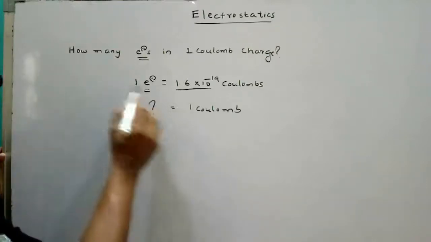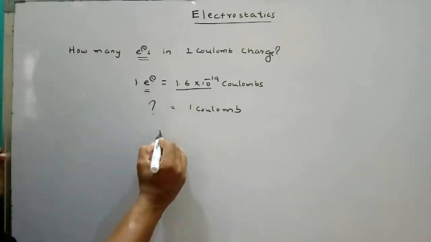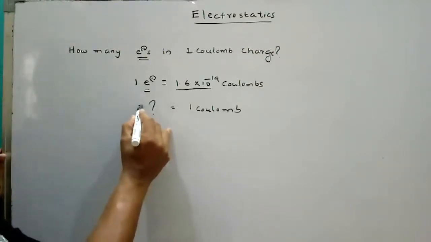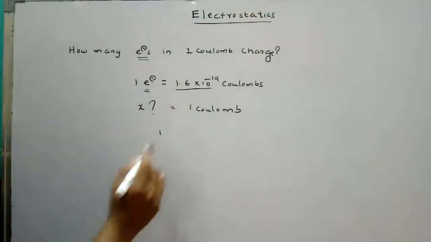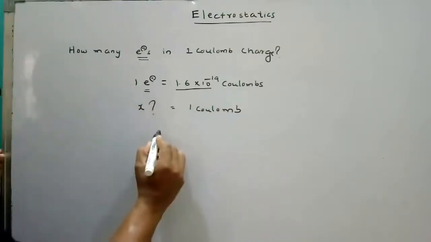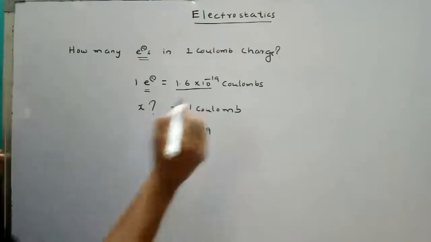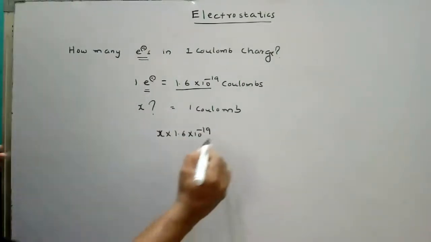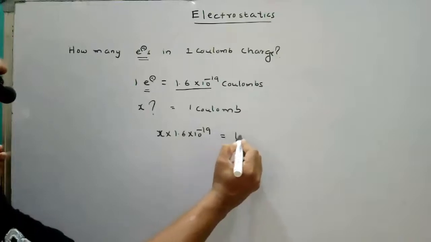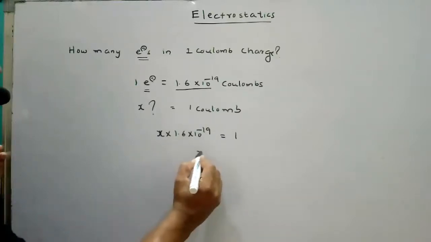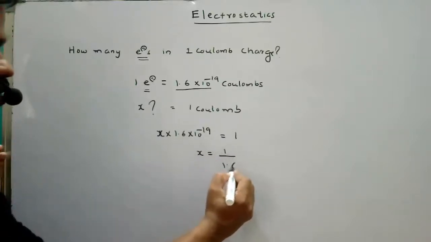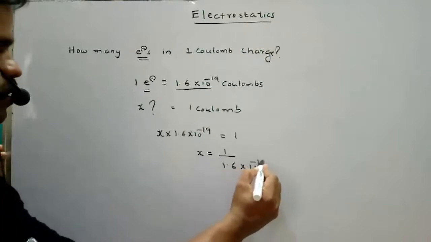For this one, cross multiply. For example, this is x, the number of electrons in 1 coulomb charge, x into 1.6 into 10 power minus 19 coulombs equal to 1. So x equal to 1 by 1.6 into 10 power minus 19.